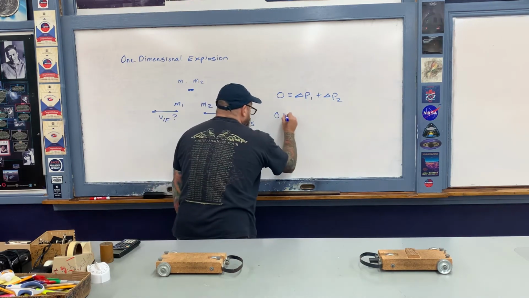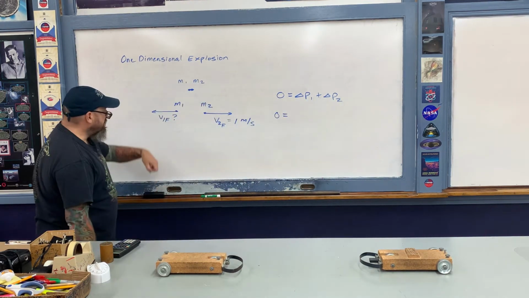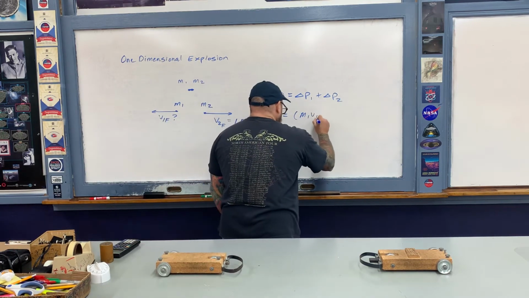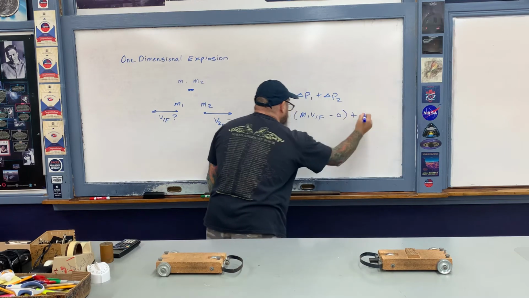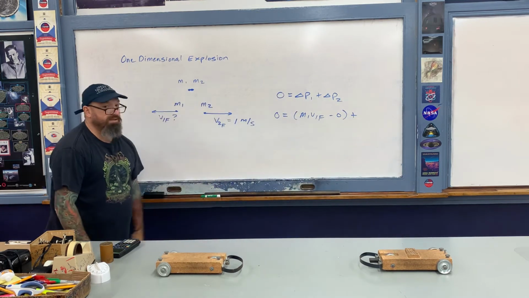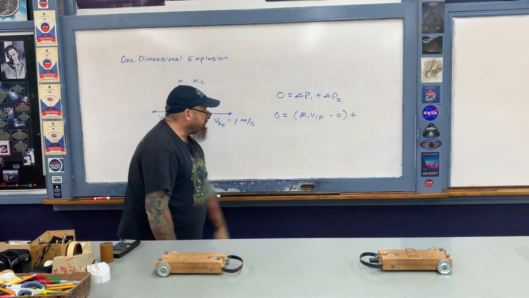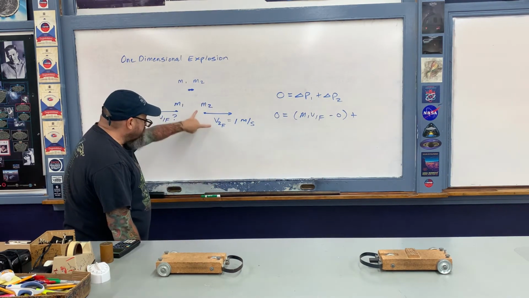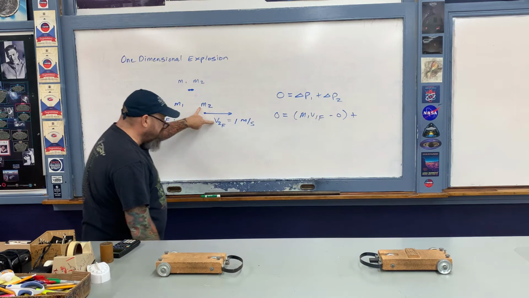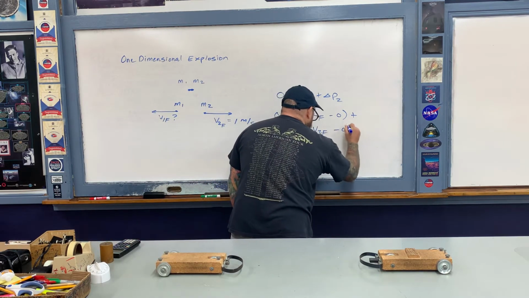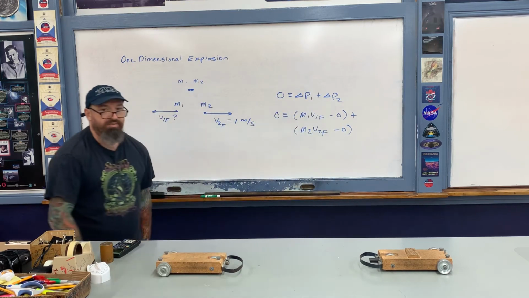So first of all, for cart number 1, its final momentum after the explosion is M1 V1 final, minus its initial momentum prior to the explosion, which is equal to 0, because keep in mind that both of the carts are initially at rest. And then we've got cart number 2. After the explosion, its final momentum is M2 V2 final, and then minus the initial, which is once again 0, because that cart begins at rest.